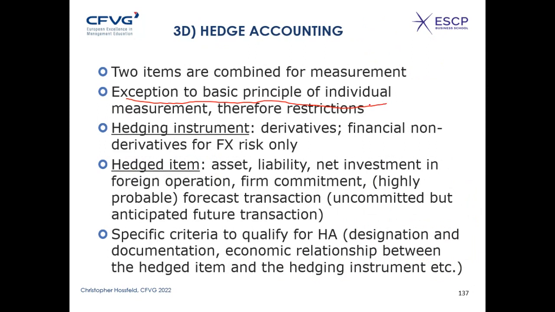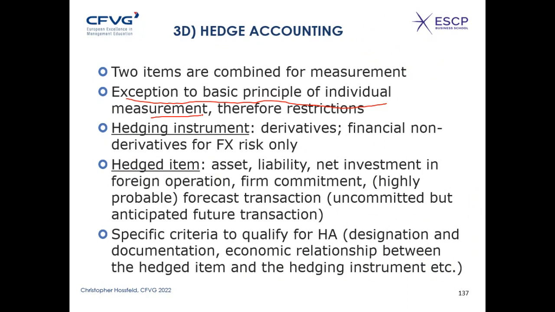We have in accounting the basic principle of individual measurement, which means that all assets, all liabilities, all revenues, all expenses have to be measured individually. I'm not allowed to regroup them. I need to present everything separately, and I need to measure everything separately.